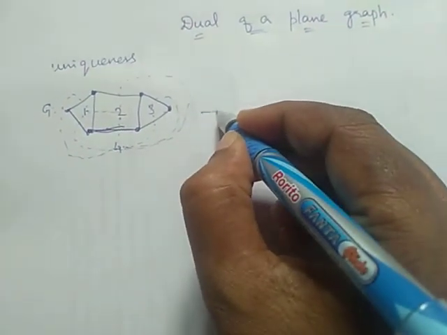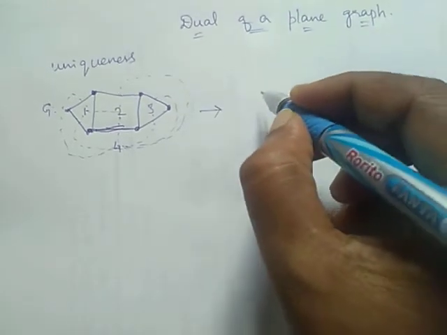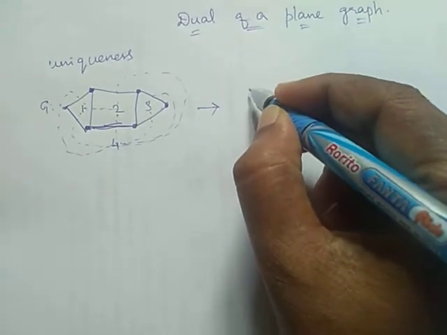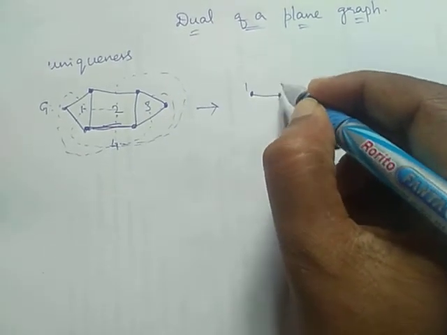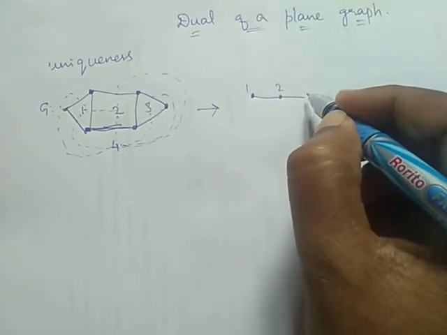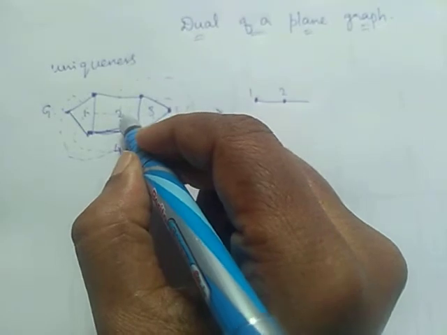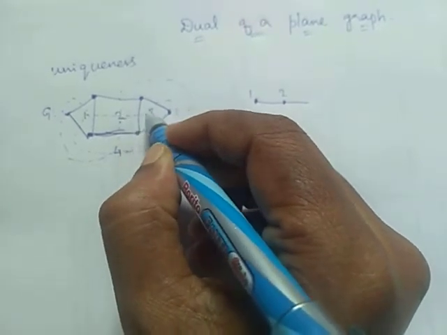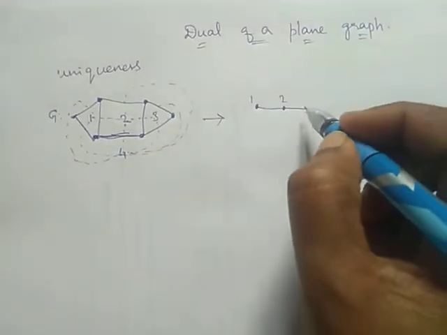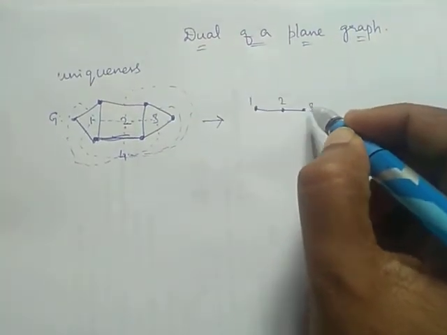So the dual of this graph is 1, 2, again we have 3 here and region 2 here. This edge is common to region 2 and region 3, so we can write it in this form.